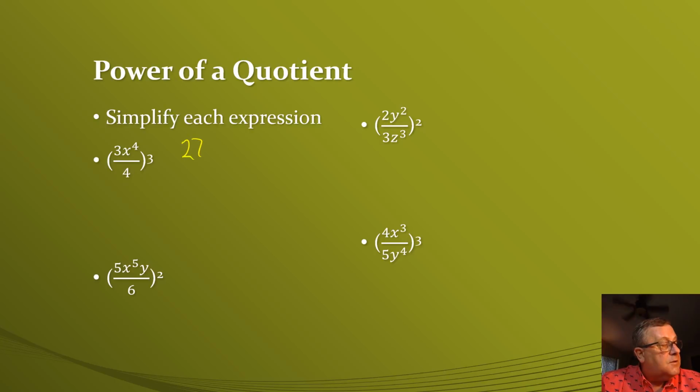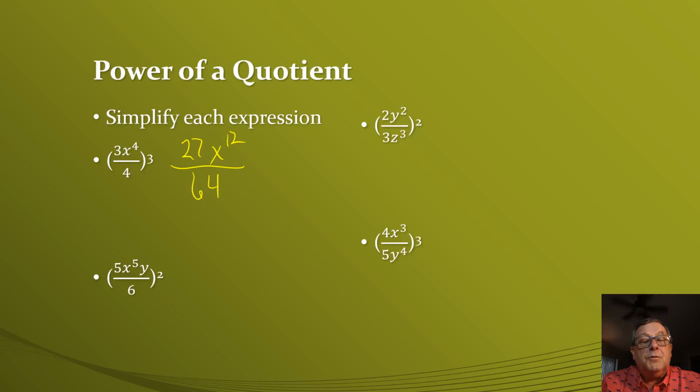And then I've got x to the 4th cubed, and of course we know we multiply when we have the power of a power. So that's going to be x to the 12th, 3 times 4. And now that's going to be over 4 cubed. 4 times 4 is 16. That's 4 squared. And 16 times 4, or 4 cubed, then is 64.